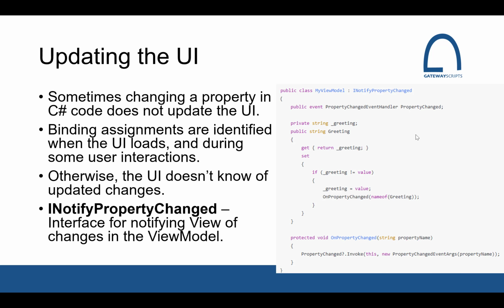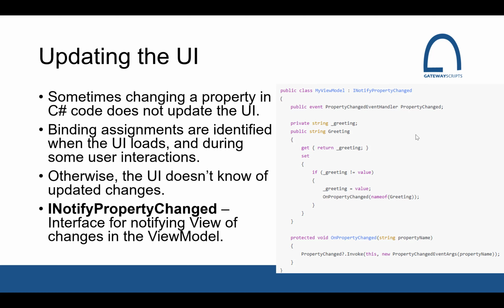While it can be very useful to update data from the C# view model, sometimes when you update data from the C# view model, the UI doesn't actually update. So you update the value of a property inside the C# setter, but you notice that the UI doesn't actually see that change.